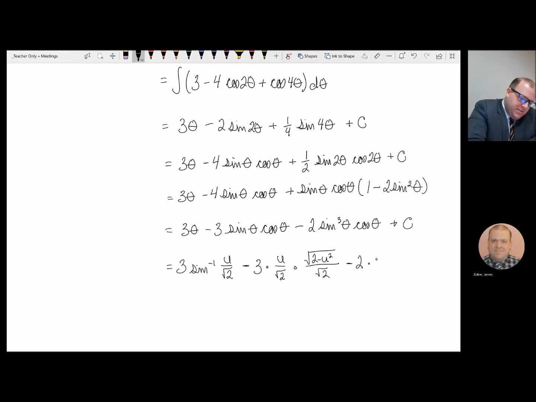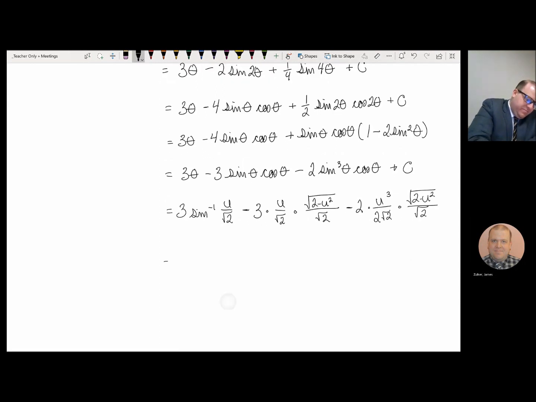Sine cubed: u cubed over 2 root 2. And then cosine again. Plus C.